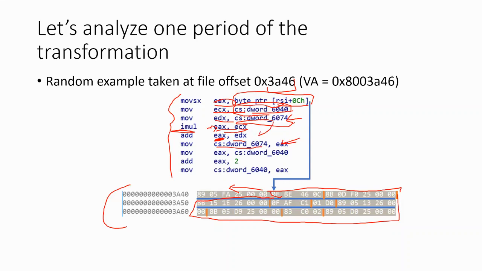So essentially we're taking the input, multiplying it by some constant at 6040, and then incrementing 6074 by that amount. Then in these 3 instructions, we move whatever's in 6040 into EAX, add 2 to that, and store it back. So essentially this is just adding 2 to whatever is in that location.